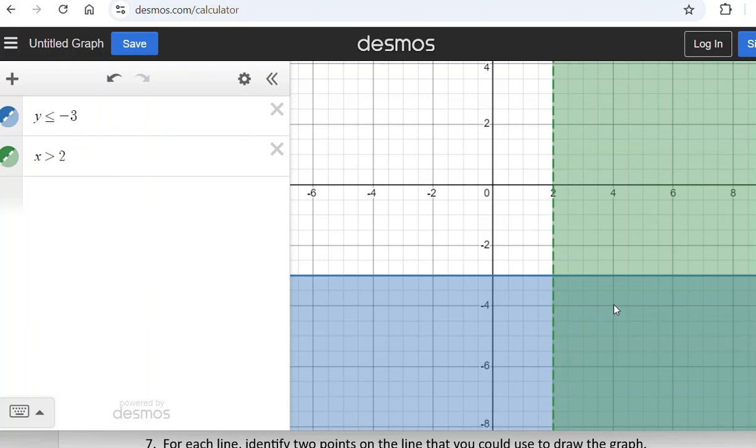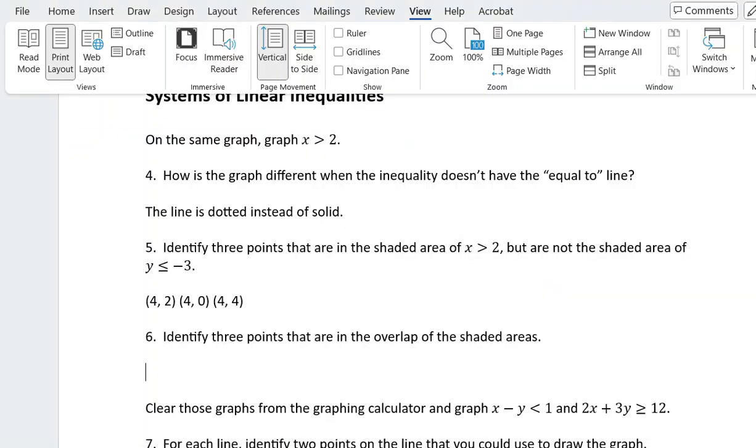So some of these points would be (4, -4), (6, -4), (8, -6), for example. Those are points that are in the overlap of the shaded areas. So for those points, it's true that x is greater than 2, and it's also true that y is less than or equal to -3.